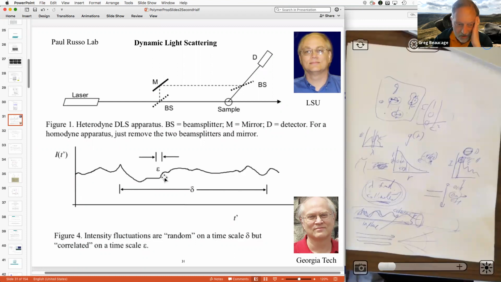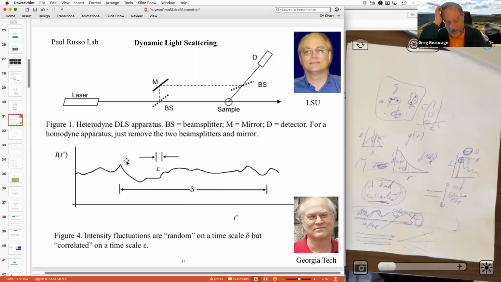So if you generate a data set like this over an hour, and then you take all the data points you have and you calculate this, even a modern computer will take a day to calculate the correlation function from all that data because there's too many points. There's going to be millions of points and you have to correlate each one, and you have to correlate them more than once. You have to correlate them for every time separation you want, from the whole experiment down to the sampling time, right?